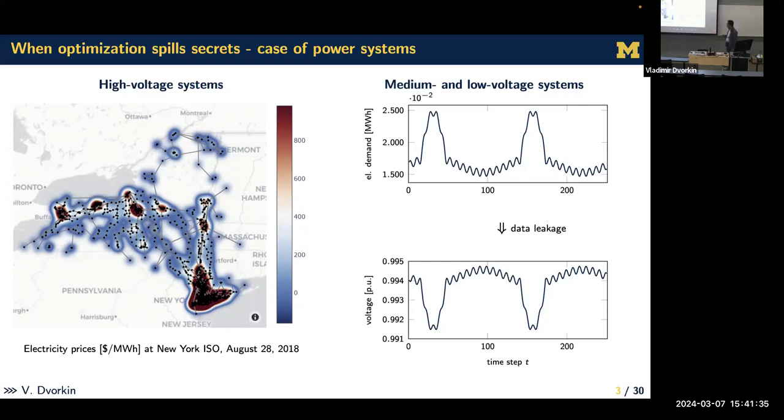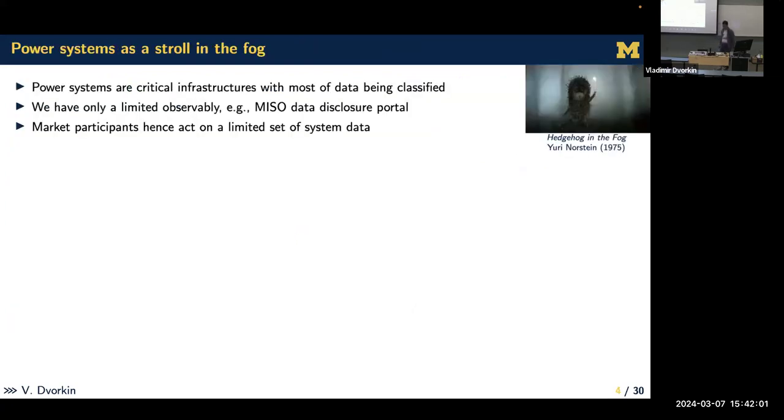It can be some high frequency component, some smaller frequency component. This information is never explicitly disclosed, but when a system operator releases voltage measurements, which are not private data per se, all this information will be leaked through the voltage release. So this all poses privacy risks, right? Although we don't explicitly share the data, this data leaks through the optimal solution to our problem.